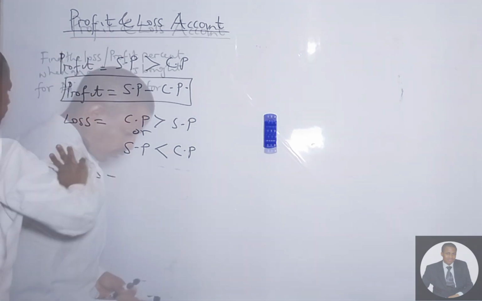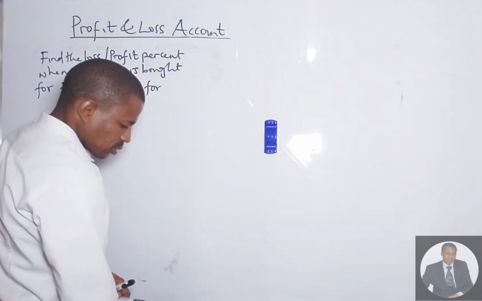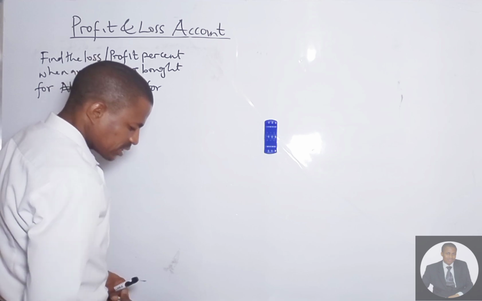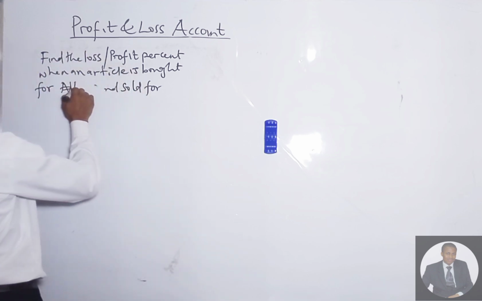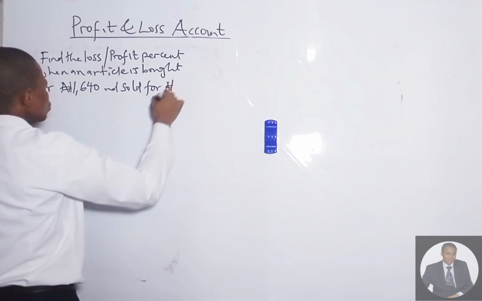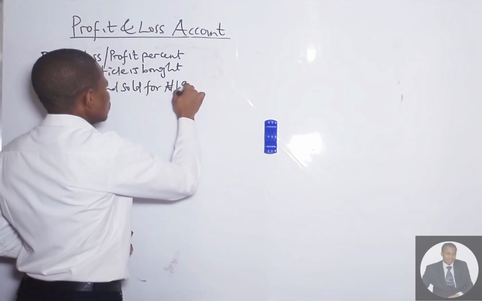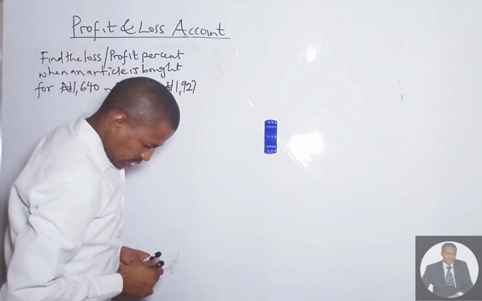That's number one. Find the loss percent or gain percent when an article is bought for 1,640 naira and sold for 1,927 naira.